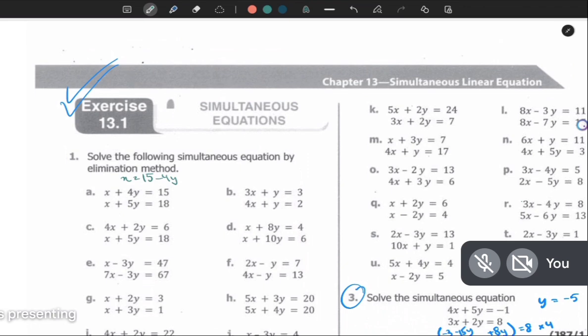Yeah. Here x is 18 minus 5y. Yes? So now what we do is make both of these equations equal to each other.